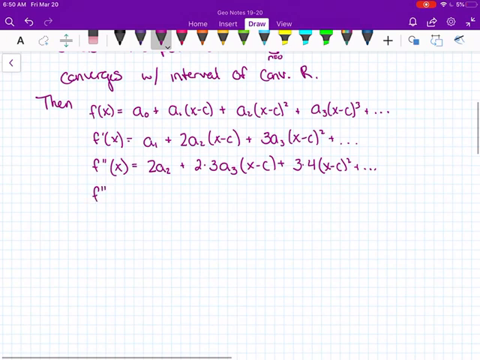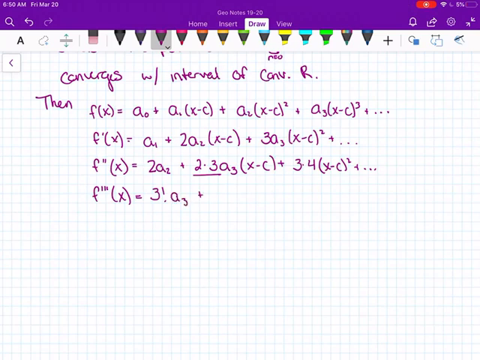Let's do a couple more derivatives here, see if we see the pattern. So if I take the next derivative, the third derivative, instead of 2 times 3, I'm going to write that as 3 factorial times a sub 3.